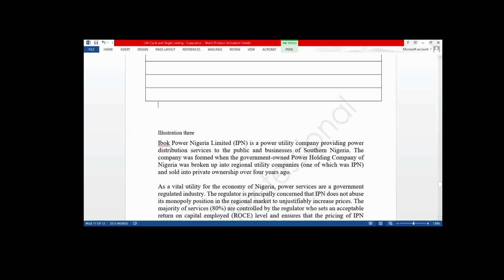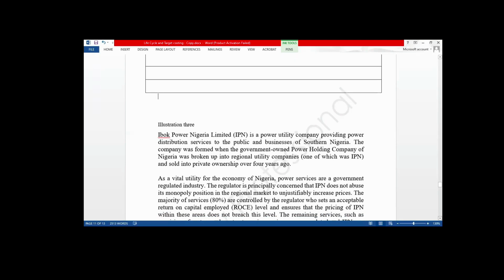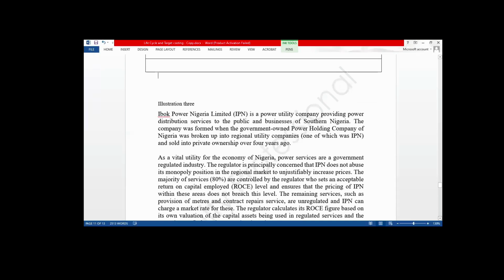The majority of the services, in bracket 80%, are controlled by the regulator, who sets an acceptable return on capital employed level, and ensures that pricing of IPN within this area does not breach this level. The remaining services, such as provision of meters and contract repair service, are unregulated.